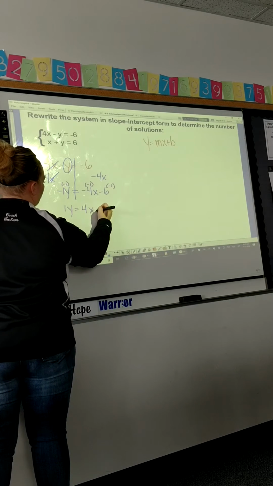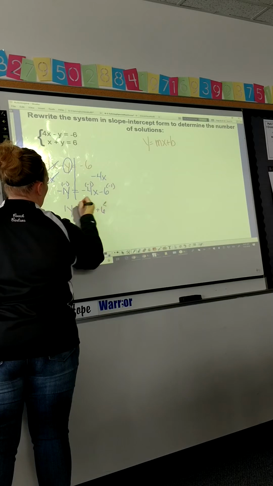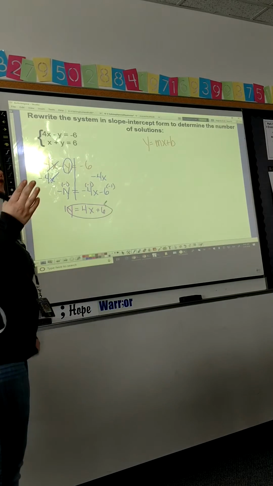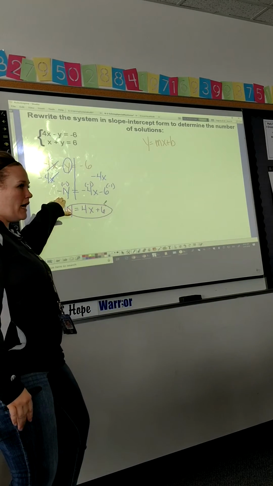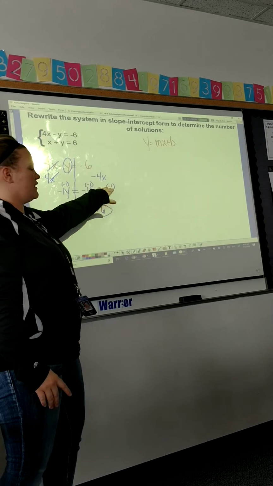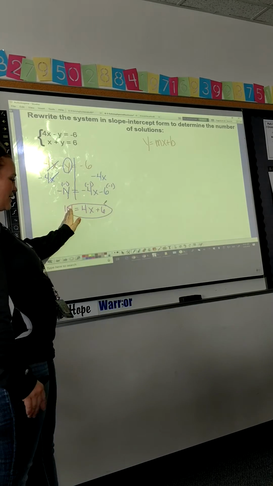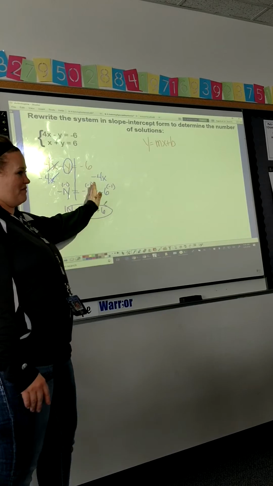And negative 6 times negative 1? 6. You could also view it like this: if negative y is negative 4x and negative 6, then positive y must be positive 4x and positive 6.